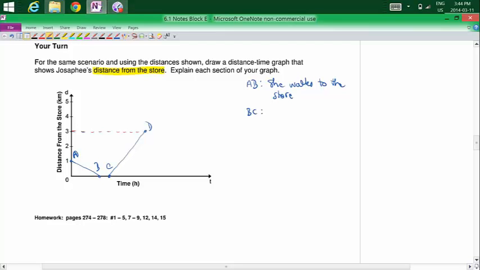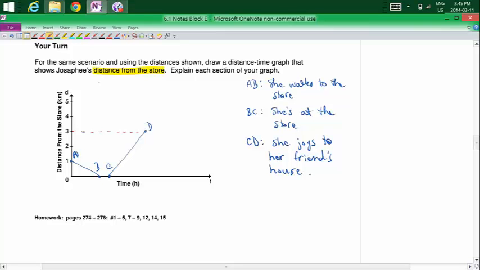BC then is she's at the store. And then from C to D, she jogs to her friend's house, which we know is 3 kilometers away from the store.